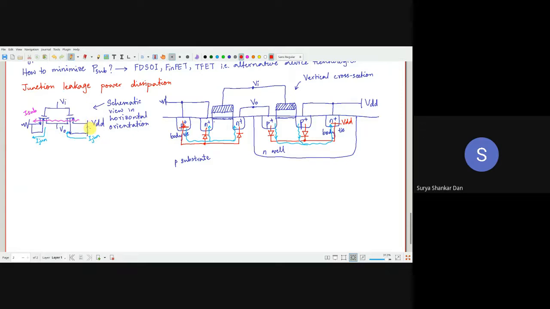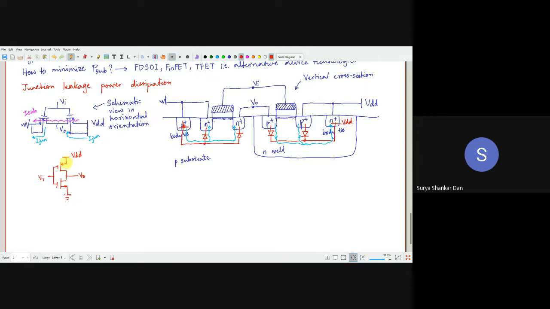Okay. What I have drawn here, if you understand carefully, is basically nothing other than the simple inverter. Okay, VO, VI, VDD.